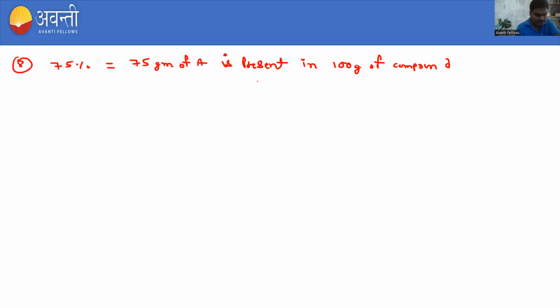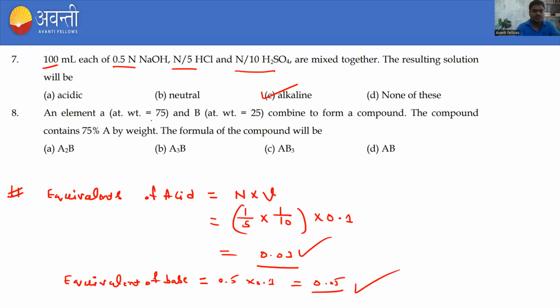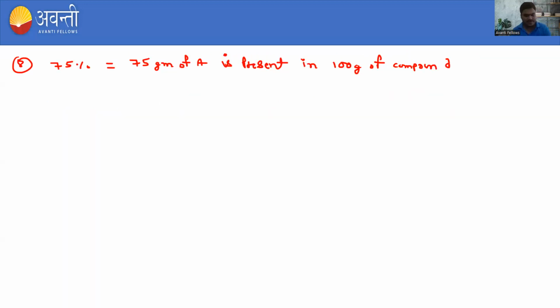ठीक है. Now, so 75% atomic weight of A. So in this question, they said that the compound contains 75% A by weight. It means that 75% is A and the rest is B. Now the atomic weight of element A is also 75. So what is the number of moles that comes out to be?